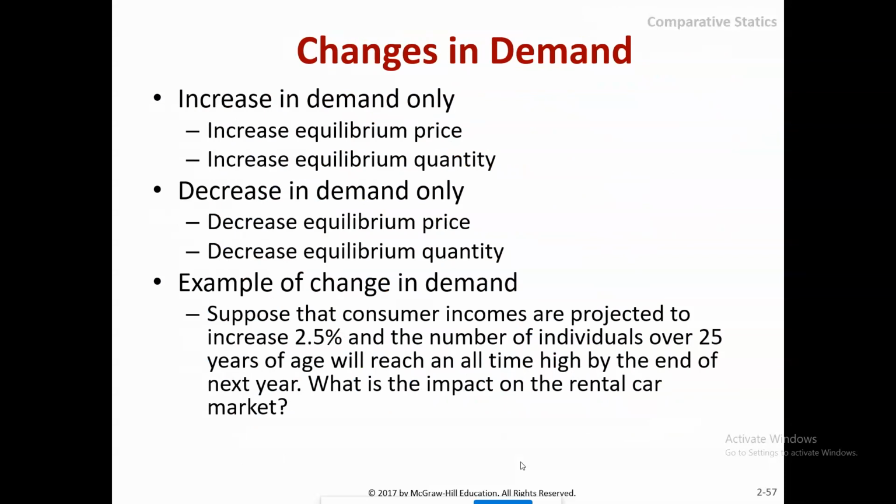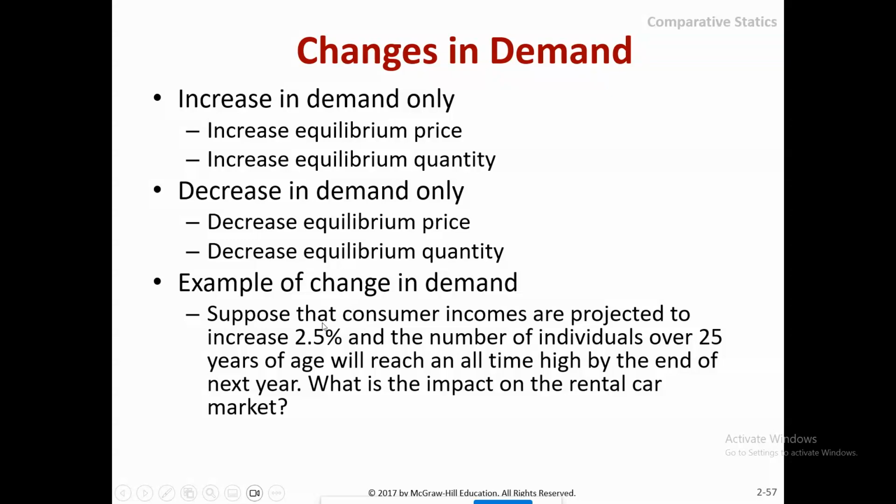Here is a conclusion. If there's an increase in demand only, and supply doesn't change, then equilibrium price and equilibrium quantity will increase. If there's a decrease in demand, equilibrium price and quantity decrease.